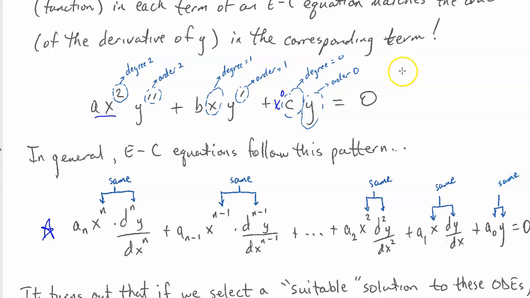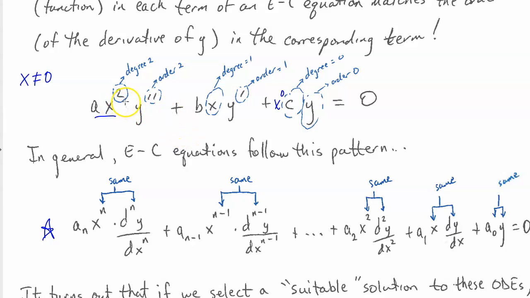Another way that you could rewrite this is basically just taking this equation here and dividing both sides by x squared, where x here is understood to not be able to equal 0.